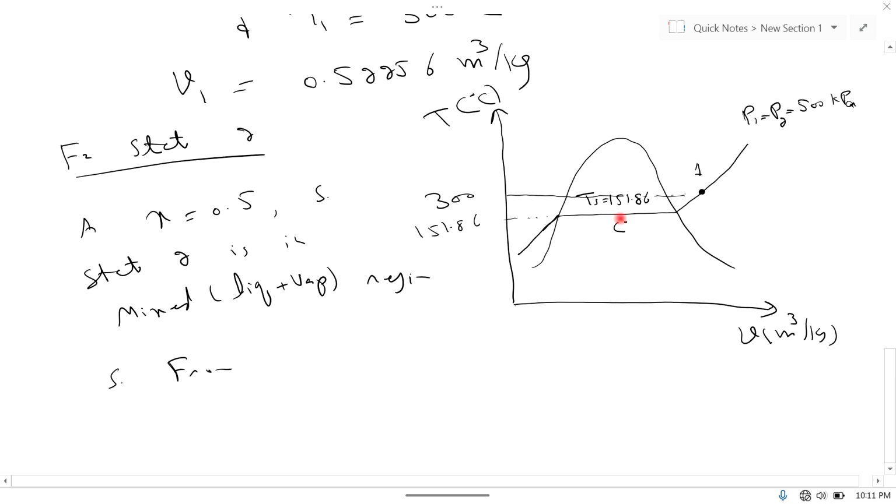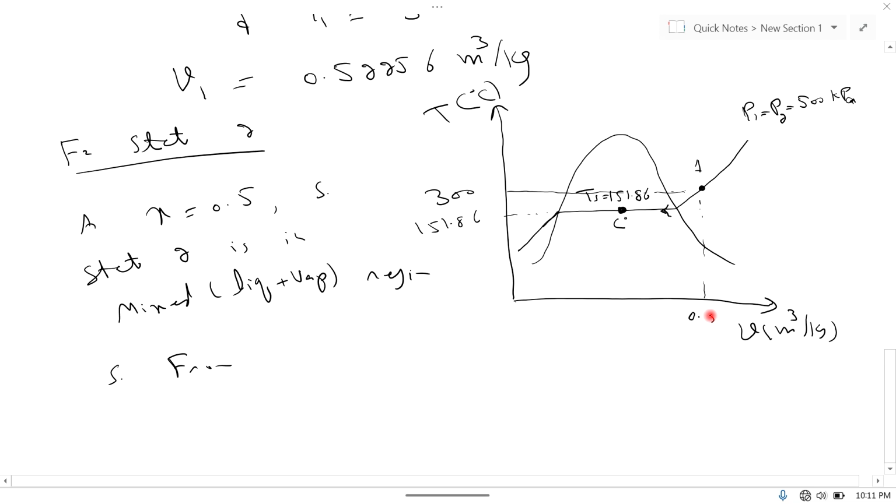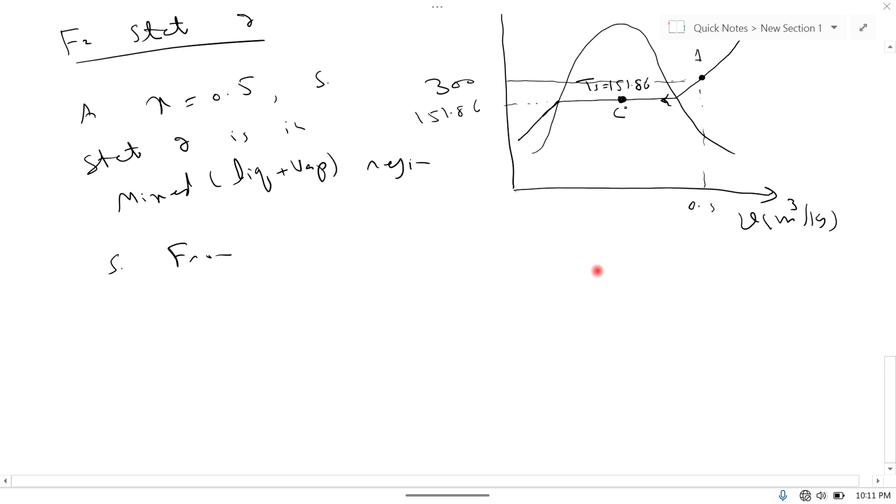On the TV diagram, here volume V1 is equal to 0.05226 meter cube per kg at this point.